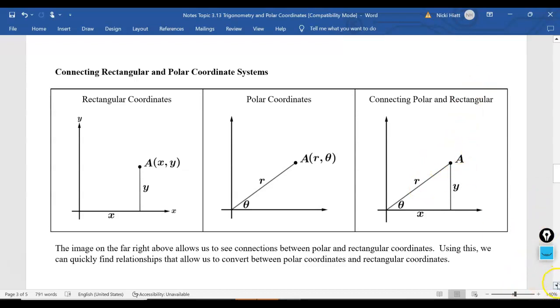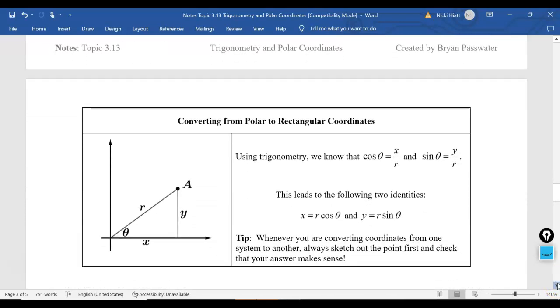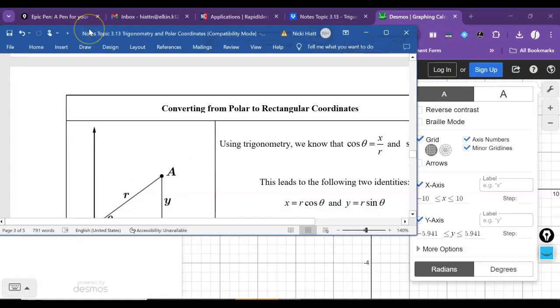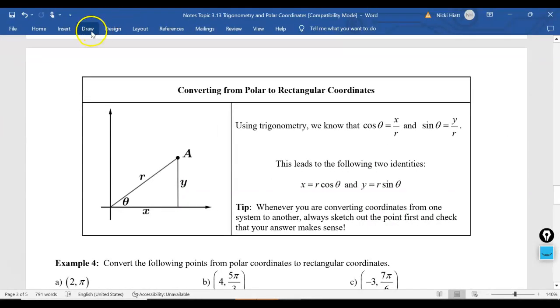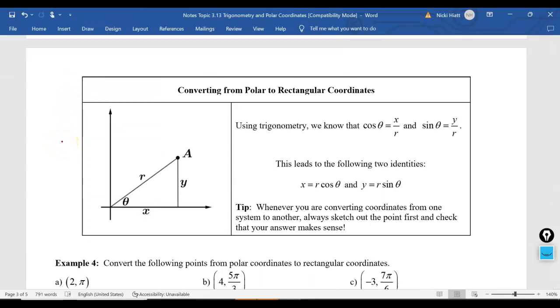So, if we go on down here, using that picture, if we want to use trig, we can set up what he gives us here. If we're thinking about this angle right here, we could find sine or cosine of that angle.